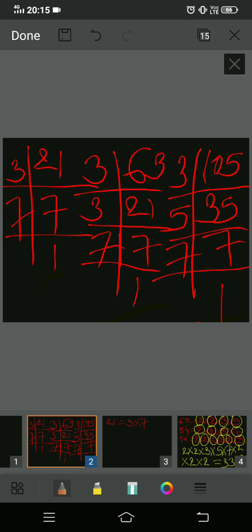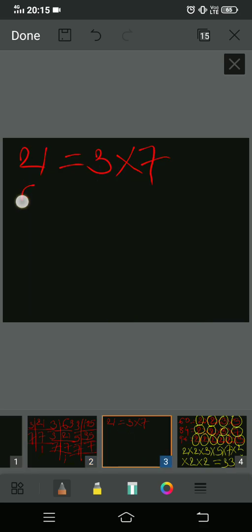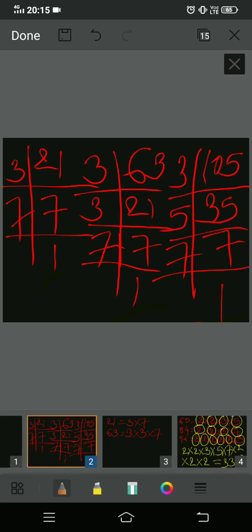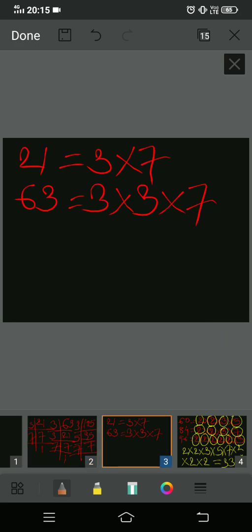On the side of 63, which numbers? 3 into 3 into 7. We'll write here 63 is equals to 3 into 3 into 7. Next, what is the number, children? 105. Numbers are 3, 5 and 7. 105 is equals to 3 into 5 into 7.